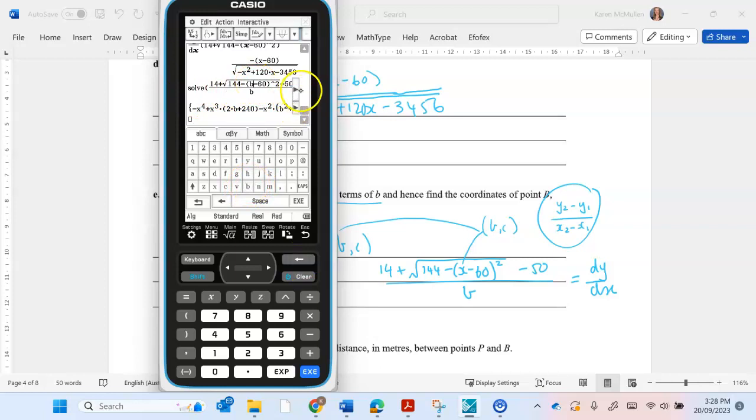Let's just go and do that. Hopefully that'll make a difference. It did give me that hint in the question. Let's change that back to B.